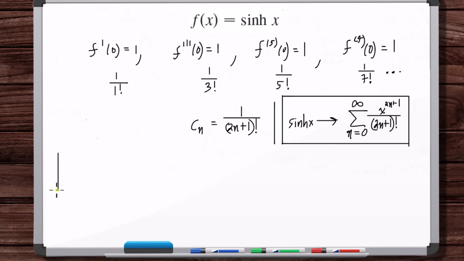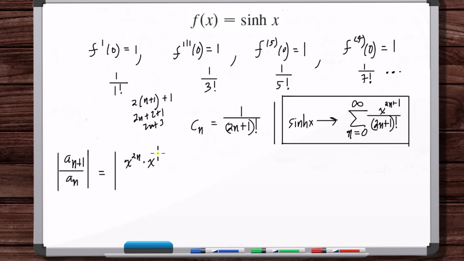Okay, let's get the radius of convergence. So we've got x to the 2n plus 1. So 2 times n plus 1 plus 1. That's 2n plus 2 plus 1, 2n plus 3. So x to the 2n plus 3, let's write that as x to the 2n times x cubed.